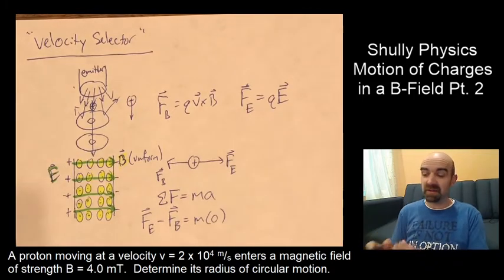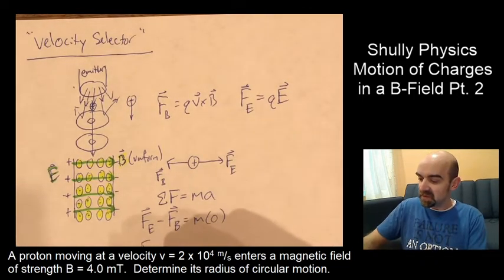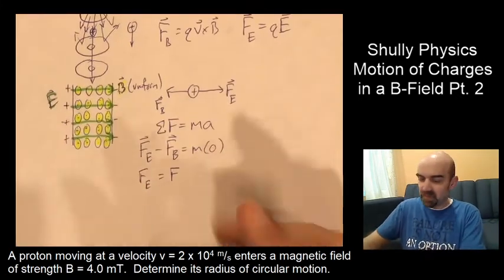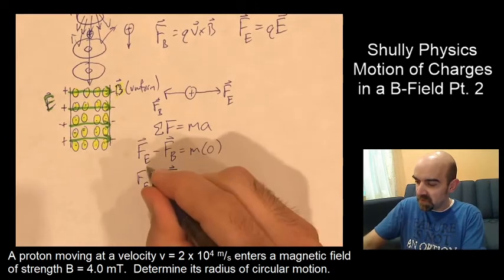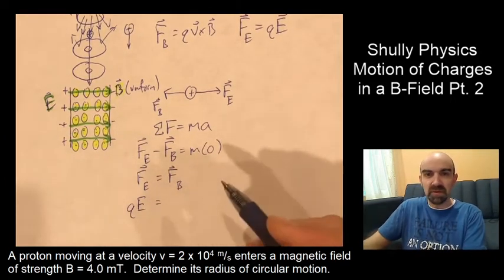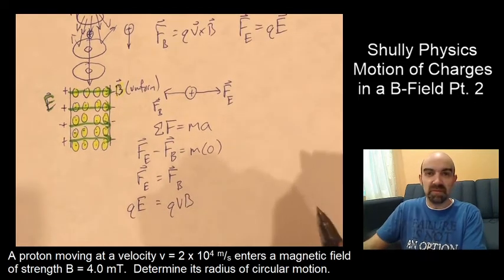We don't want any acceleration for this very specific velocity of particle. So if that's the case, Fe equals Fb, and we plug in their expressions. QE is the electric force, and QvB is the magnetic force.